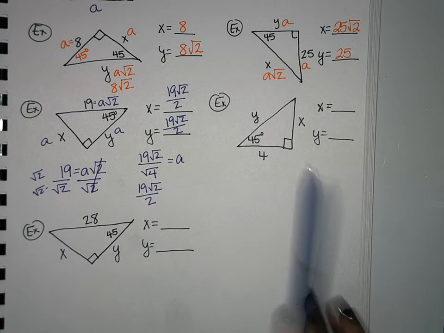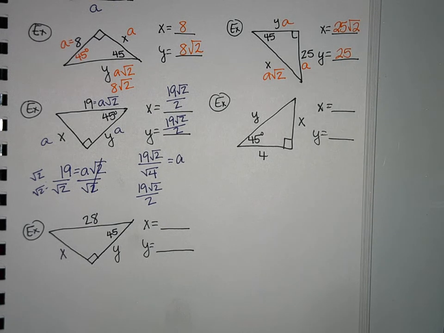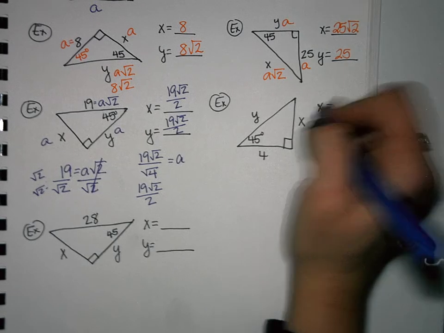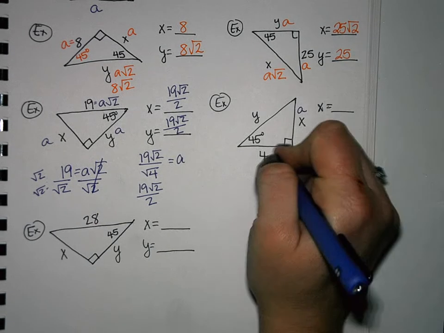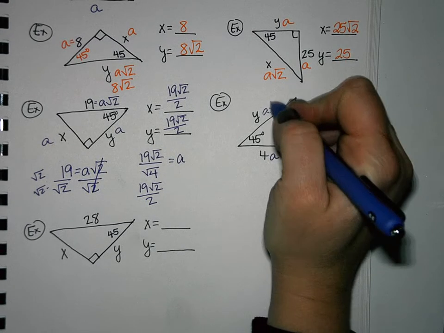If we look at the fourth example, which ones are a and which one is a root 2? X and 4 are a, and that would leave y to be a root 2.